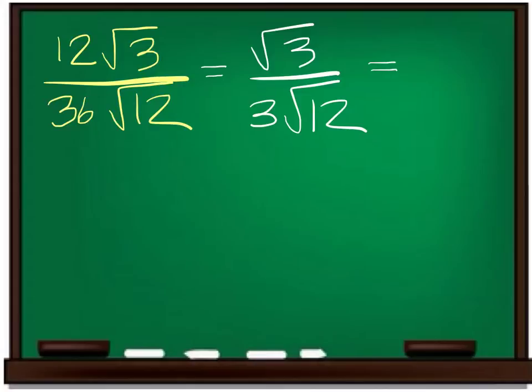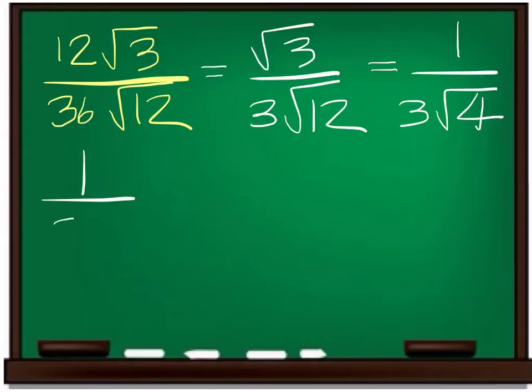Square root of 3 goes into itself once and into the square root of 12 4 times. But now you have a perfect square on the bottom with 4. The square root of 4 is 2. So your final answer is 1 over 6.